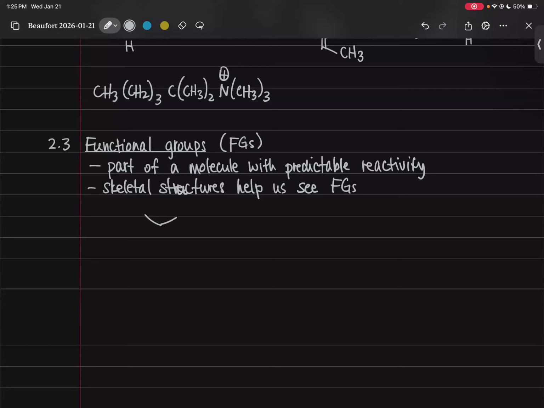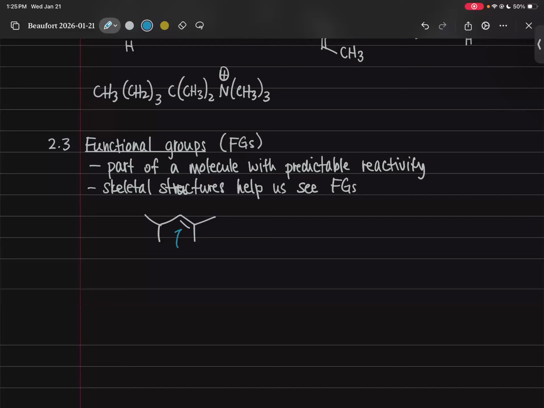So let's say we have this molecule. What's the most interesting part of that molecule? Is it the carbons on the end? No, it's the double bond, right? That's the only thing that's there, other than just a bunch of random carbons.